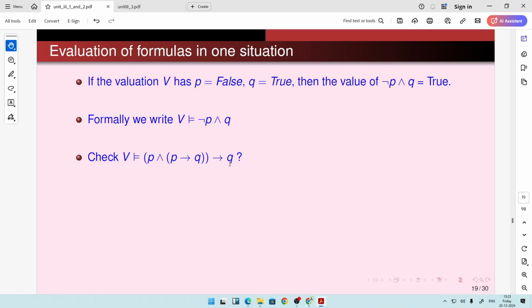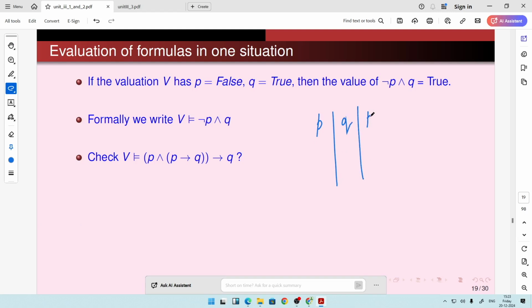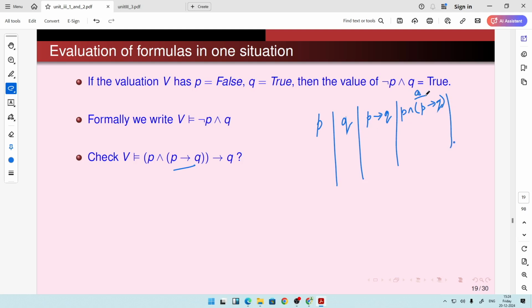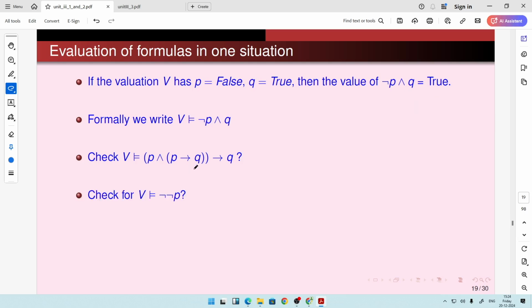So, what you have to do is take P and take Q, find out P and Q, then find out P and P implies Q, then the whole thing, suppose I call this A, the whole thing A implies Q. So, you find the row where the entire thing is going to be true, then you can say whether it is entails or not. We will discuss the answer for this as well as these two in the next class.